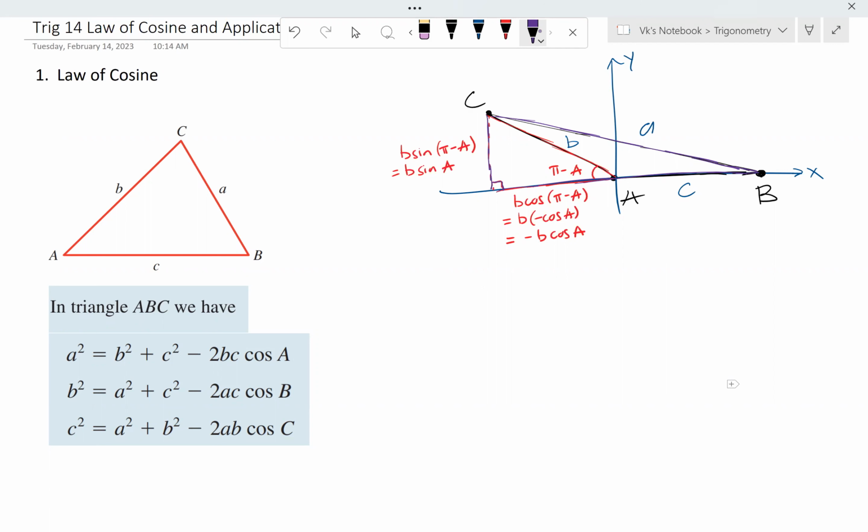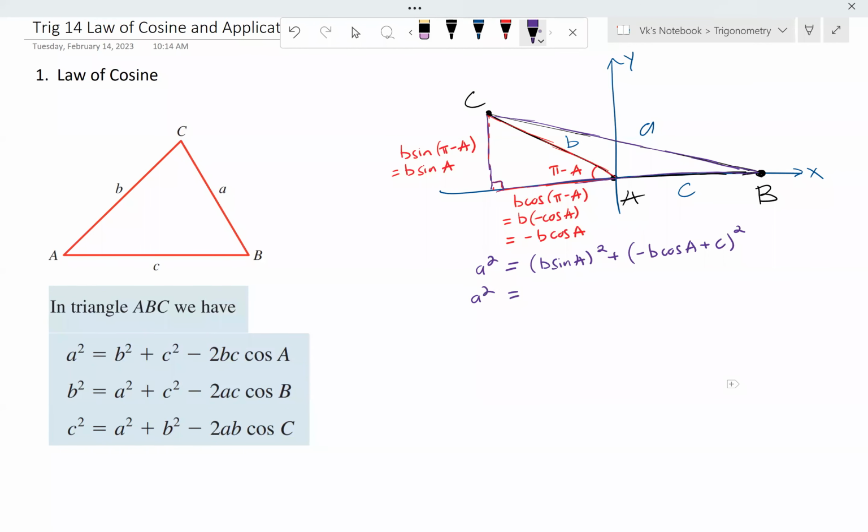We see that a squared is (b sine A) squared plus (minus b cosine A plus c) squared.